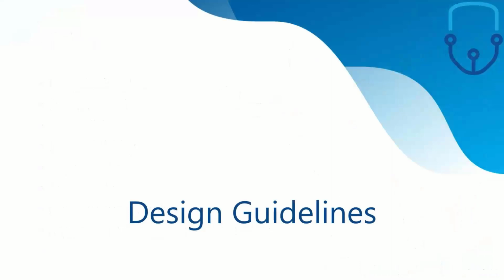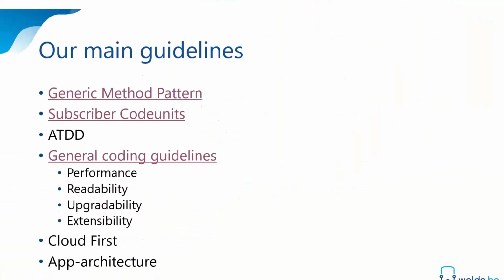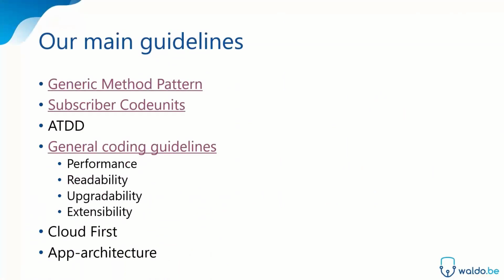Let me start with the first topic, the design guidelines. Every developer, let's say, is being taught some guidelines. And again, keep it simple, right? We don't want to make it too complex. I mean, from the moment you have design guidelines that depend on certain circumstances, well, then you make it complex.